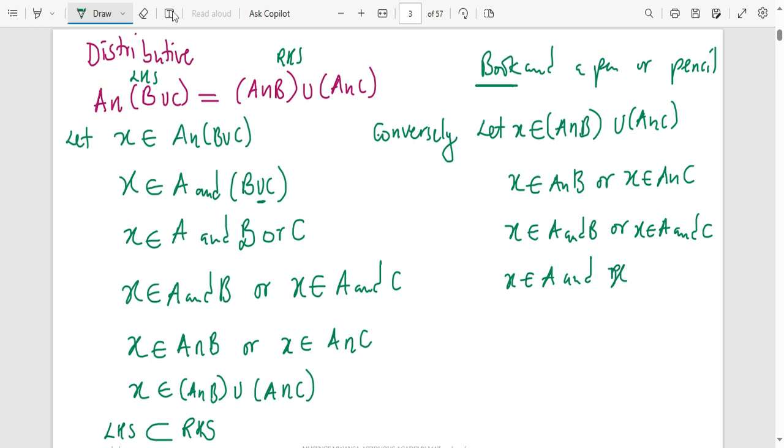Okay, let me not write that X again. This means that X is a member of A and B or C. In other words, B and C, there is a choice. We can get any one of them.